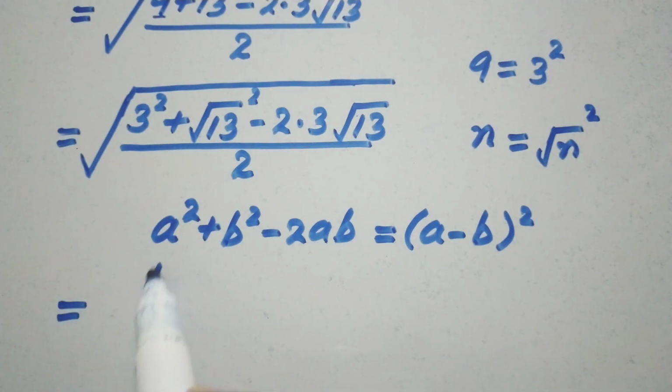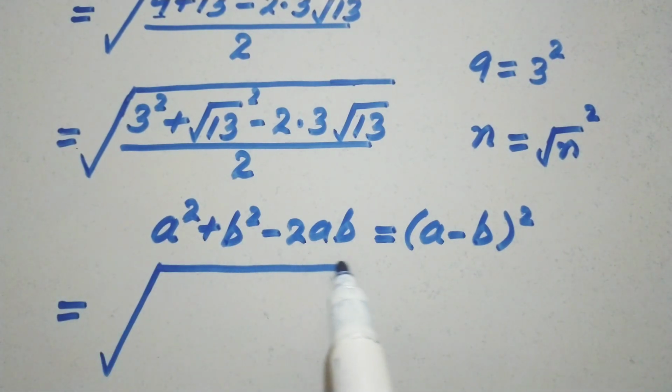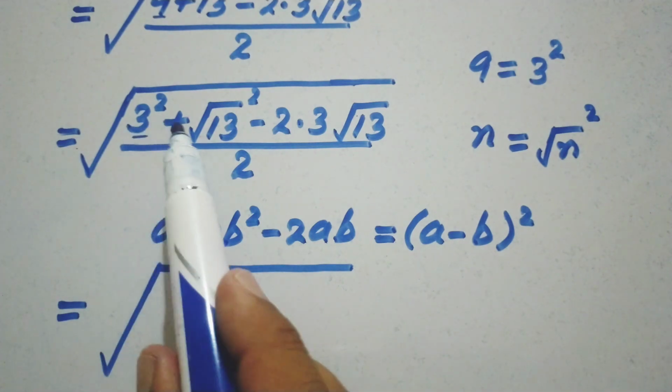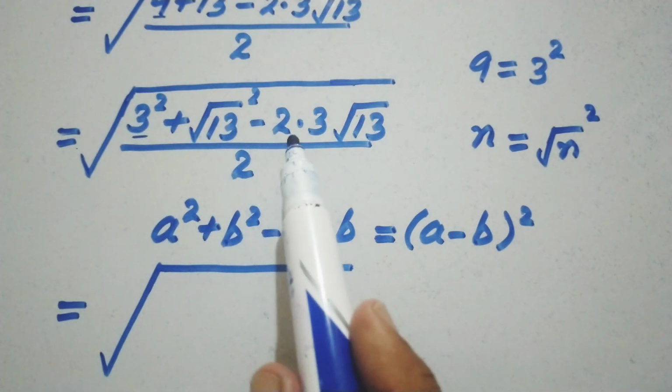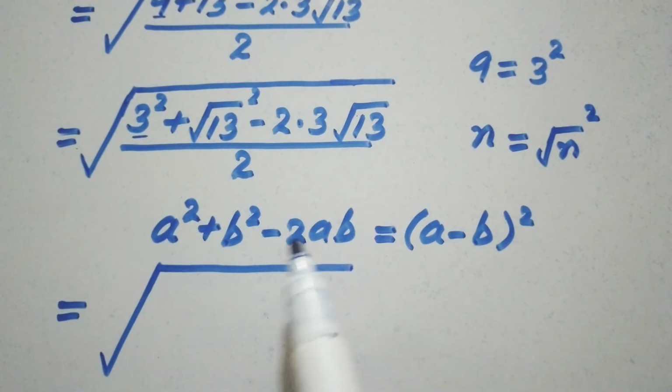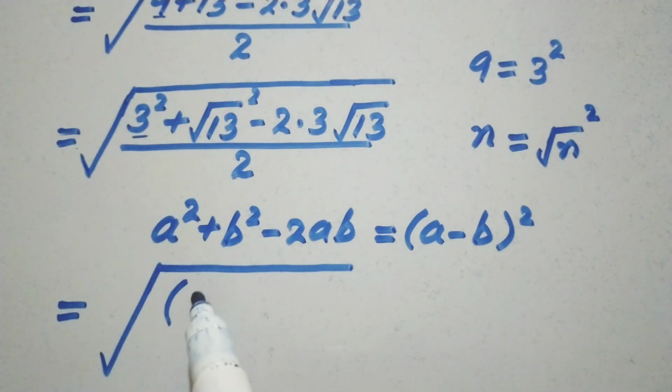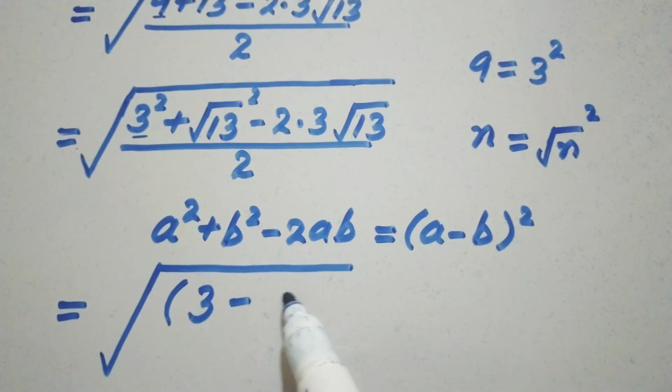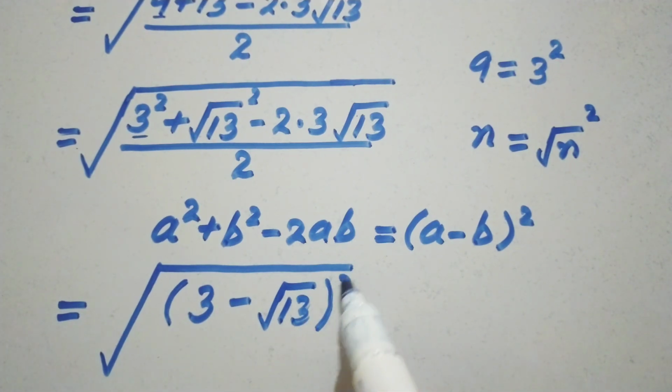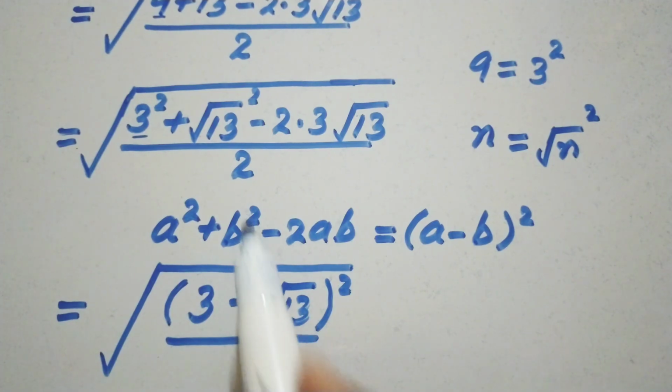So this will become the whole, 3 squared plus square root of 13 squared minus 2 into 3 into square root 13, which is a squared plus b squared minus 2ab. This is equal to a minus b whole squared, where 3 is a and square root of 13 is b. This whole squared divided by 2.